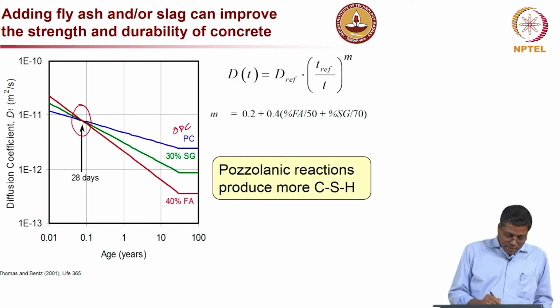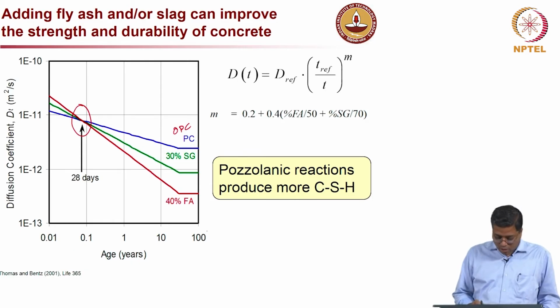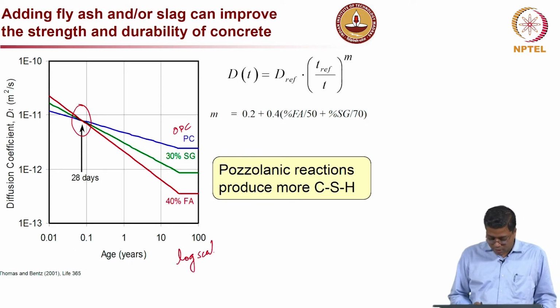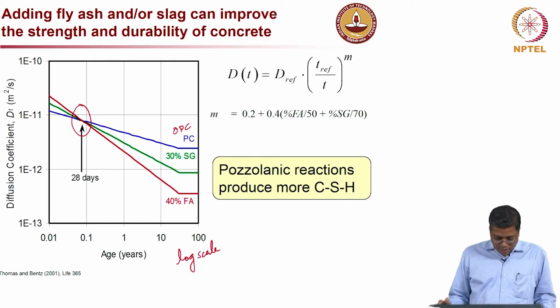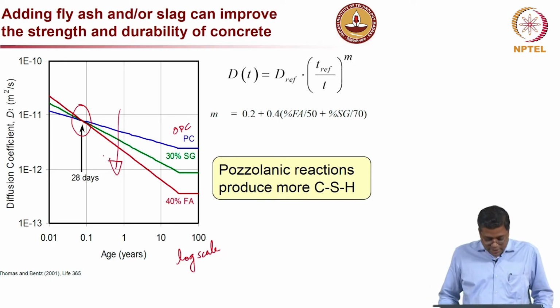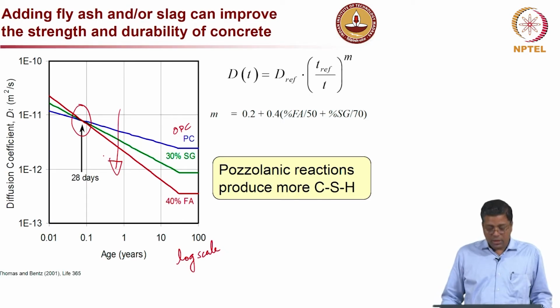But as time passes, if you see on the x axis or abscissa, it is a log scale, you can see that definitely as time passes the diffusion coefficient of slag and fly ash is significantly less than that of ordinary Portland cement concrete.